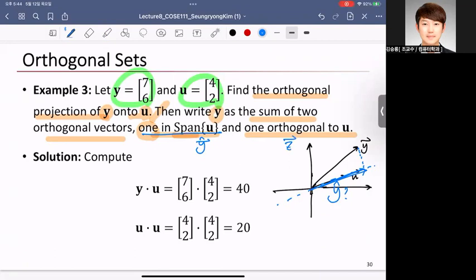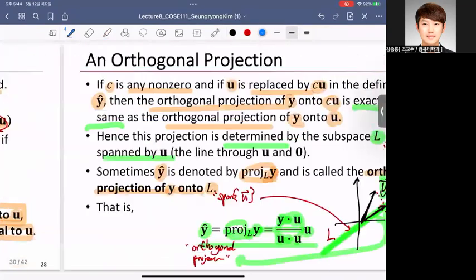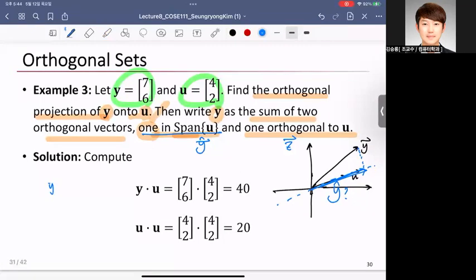So the question is just to solve y hat as y inner product u over u inner product u times u. 그렇죠? So let's solve. What is y inner product u? 계산하면 얼마가 돼요?